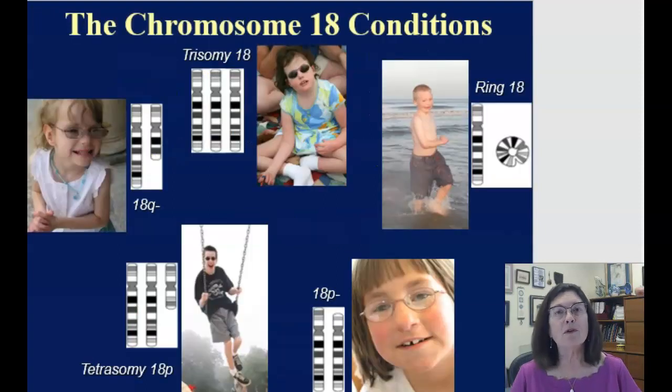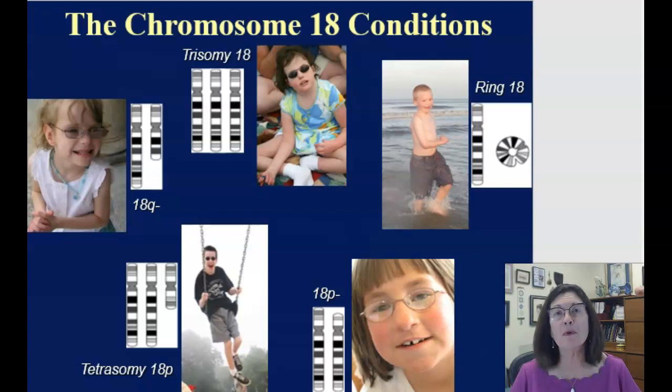So as you know, there are 5 groups of chromosome 18 conditions. But within each group, there's huge genetic variation from one person to the next. Every single person with an 18q deletion, a deletion of the long arm of chromosome 18, has a slightly different deletion or region of the chromosome that's missing.